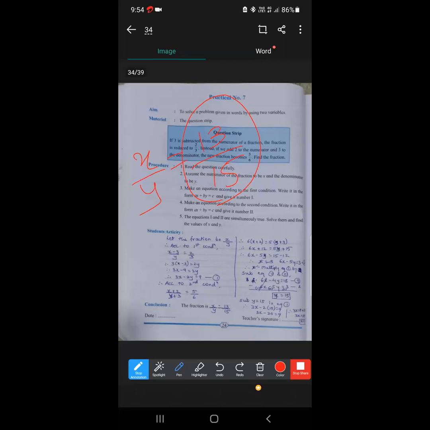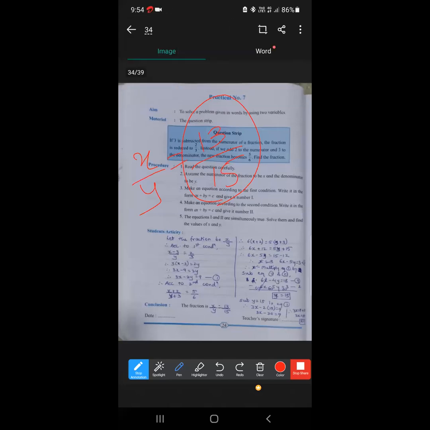Now here we have eliminated one variable, and that is nothing but the elimination method. Okay, elimination method, because in your syllabus there are two methods: the elimination method and the substitution method.